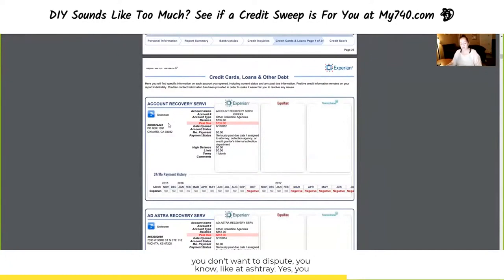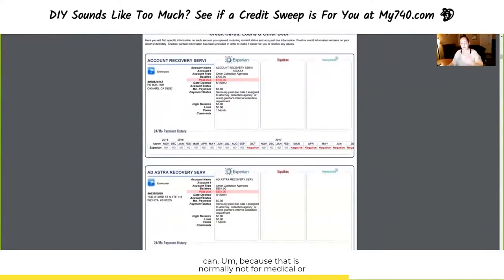But you don't want to dispute, like at Ashtray. Yes, you can, because that is normally not for medical or whatever. You can say, I don't owe $851, or the open date was not 9/1/14, which normally it's not. But you don't want to say Account Recovery, I don't owe $739, because that's not going to remove it from your credit report. They can very easily say, yes, that person does owe 700 and so on. Okay.